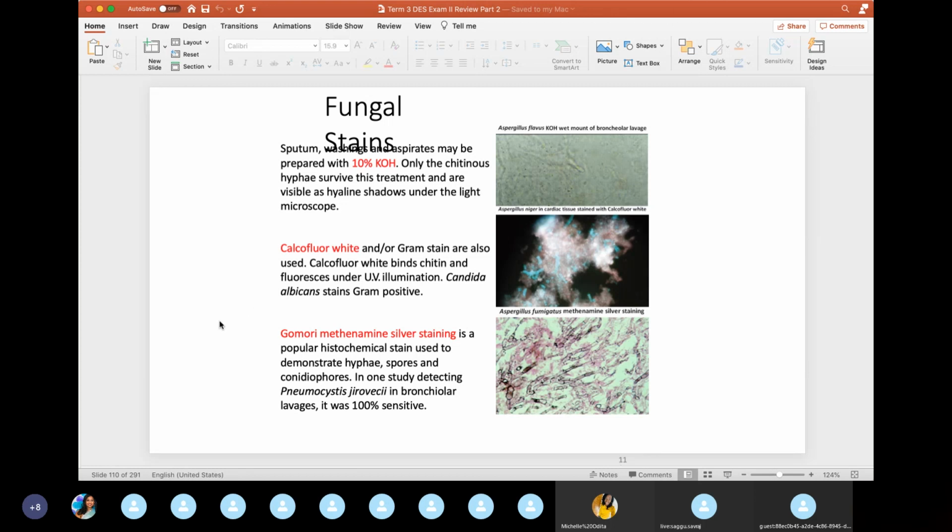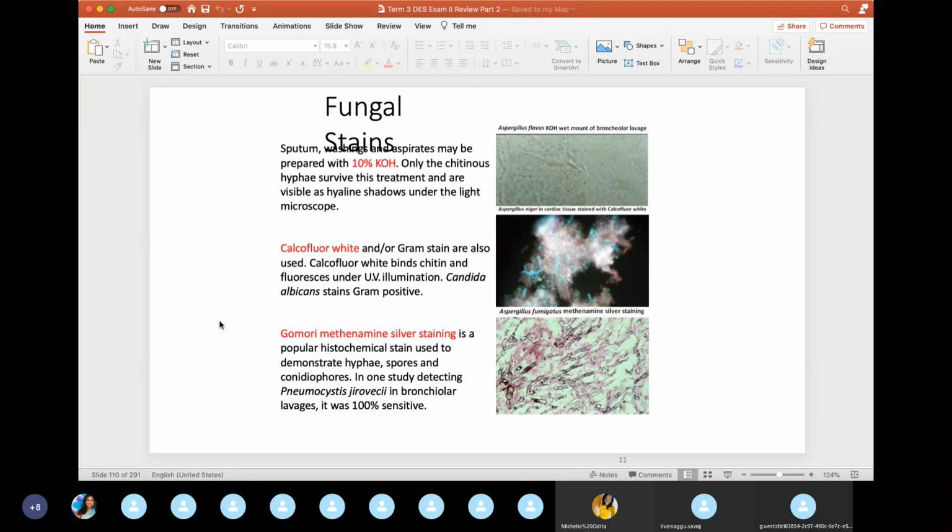What's the stain used for Cryptococcus? Like Giemsa? What's the stain used for Cryptococcus neoformans? So that you can see the capsule.